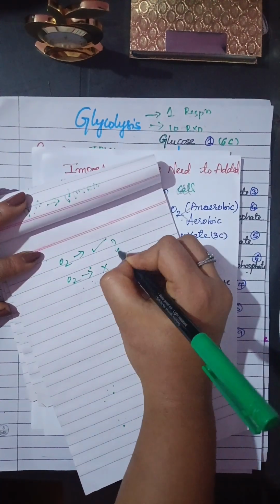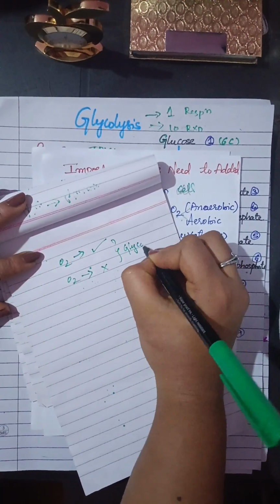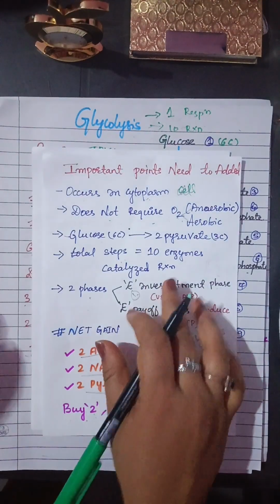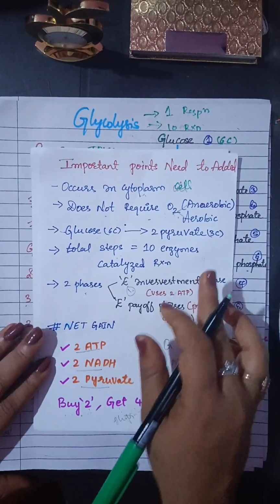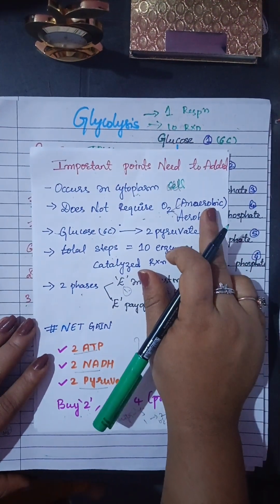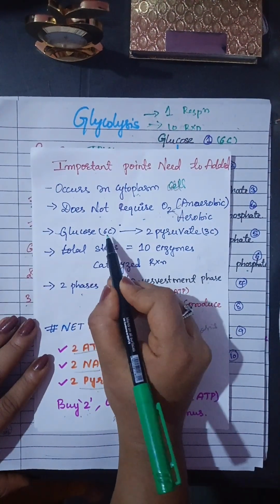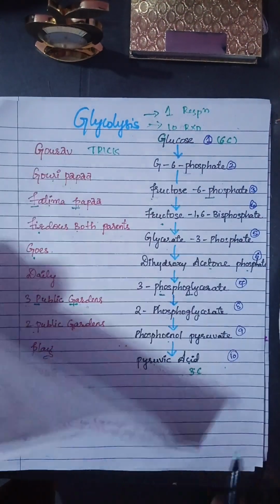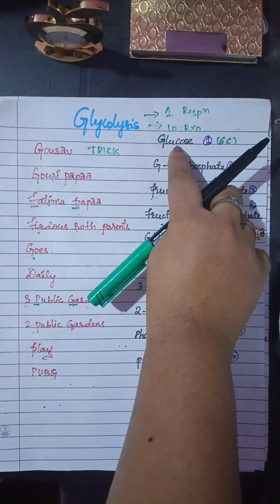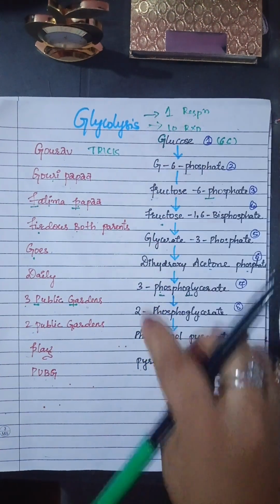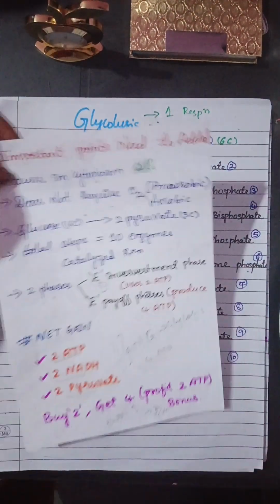So glycolysis is a common pathway for living organisms, whether oxygen is present or not. Here glucose is getting converted into pyruvic acid. Pyruvate is nothing but pyruvic acid.